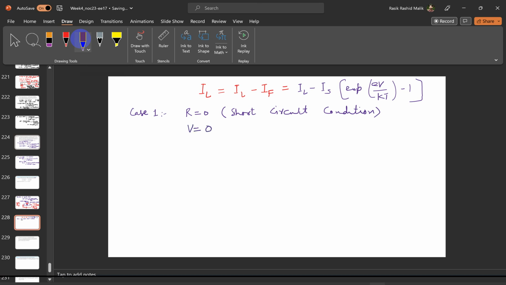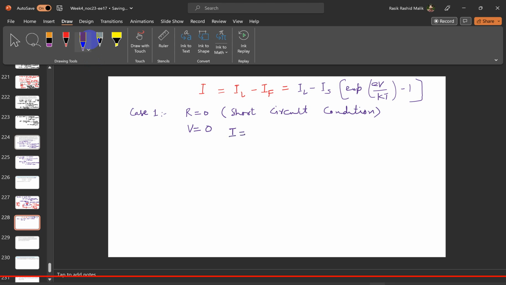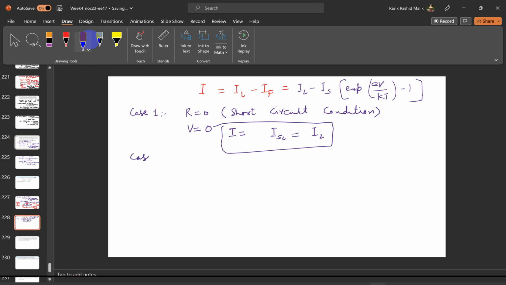So if V is 0, the net current I will be simply IL, the short circuit current, that will be simply IL. And the second limiting case will be if R is infinity, meaning when we have the open circuit condition.